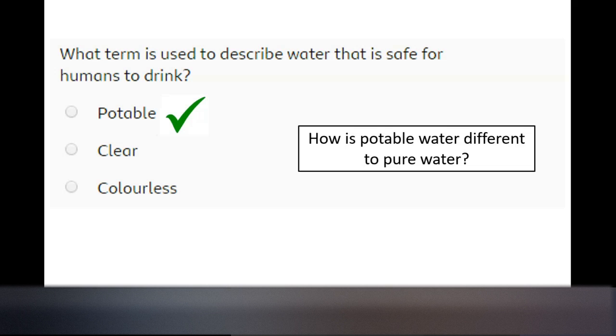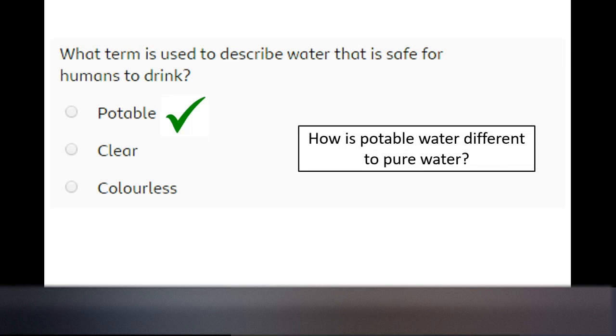Okay, I'm seeing lots and lots of different answers. I'm seeing potable still has minerals. Potable water has minerals and salts in it. It still has some dissolved minerals. Pure has no minerals. Pure has nothing else in it. Pure doesn't. Lots and lots of answers here.